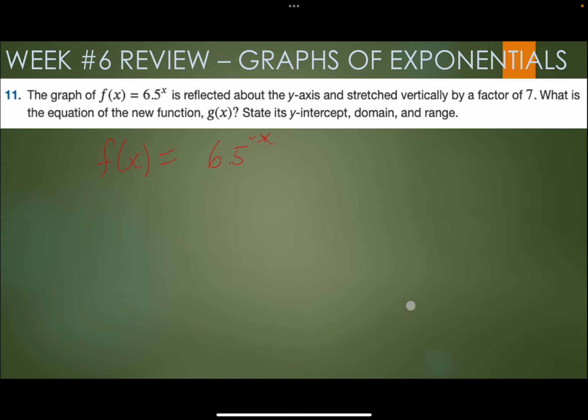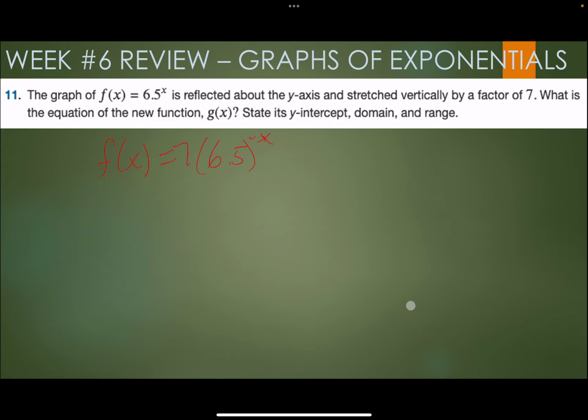It's stretched vertically by a factor of 7. So that's impacting the y value. It's making the y 7 times bigger. So that's going to be 7 now times this. So the 7 should go out front. Okay? And so now when we do this, now we say, okay, what's the y-intercept?